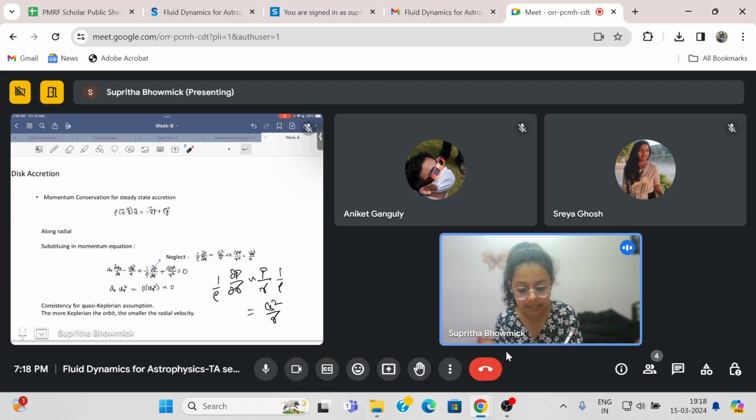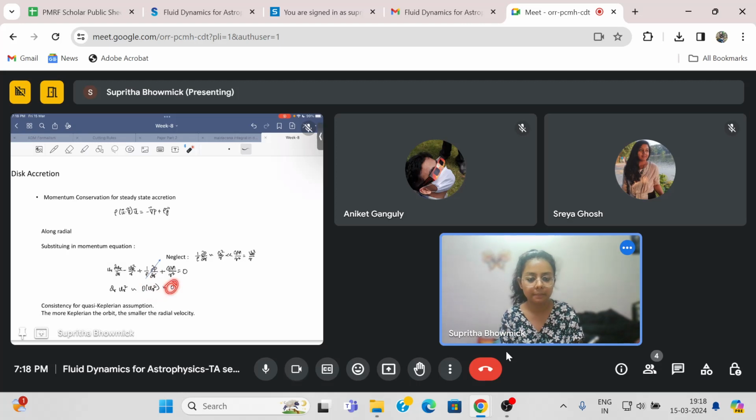What does this give us? This leaves us with these three terms. Now you see that the closer the orbit is to being perfectly Keplerian, the closer this term is to this term, and these two will cancel, leaving you with this term, which is basically order ur square, to be 0.